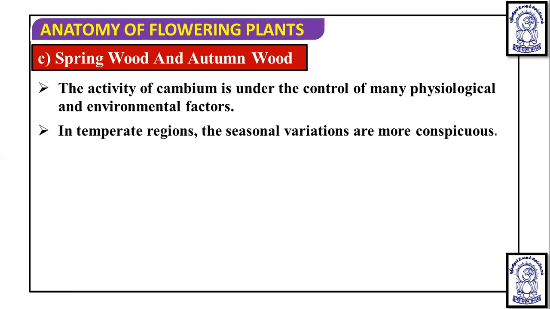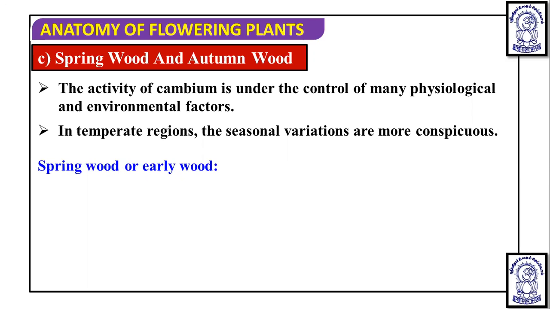In temperate regions, the seasonal variations are more pronounced. You can see a proper winter, proper summer, and proper monsoon, and you see the seasonal differences there. Based on these seasonal differences, the activity of cambium varies.